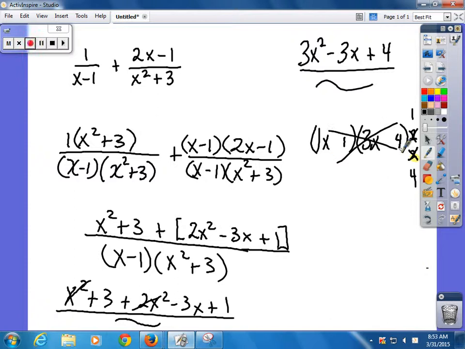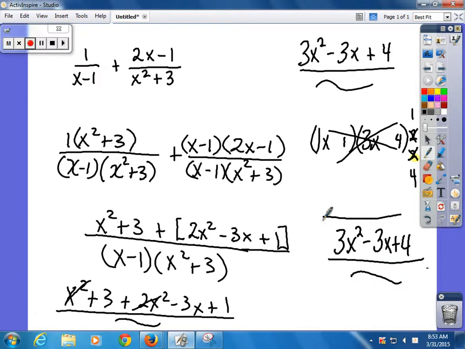So your final answer is 3x squared minus 3x plus 4 over the common denominator. And you can change it to x cubed, but that'll just take time, and I would just leave it like this on the bottom, unless it says multiply at the end of the problem or something like that.